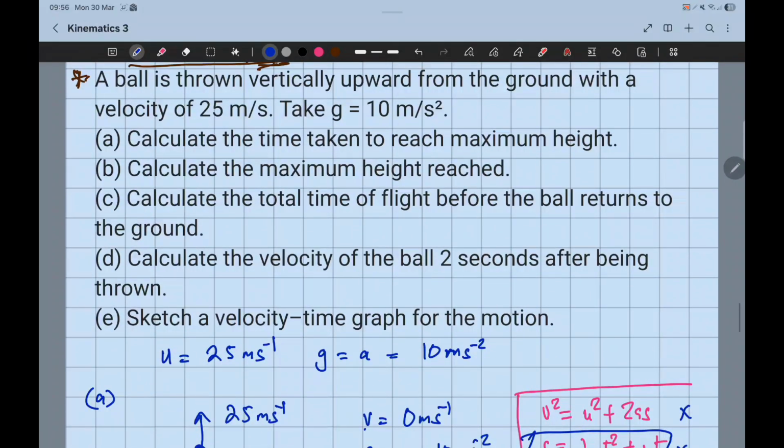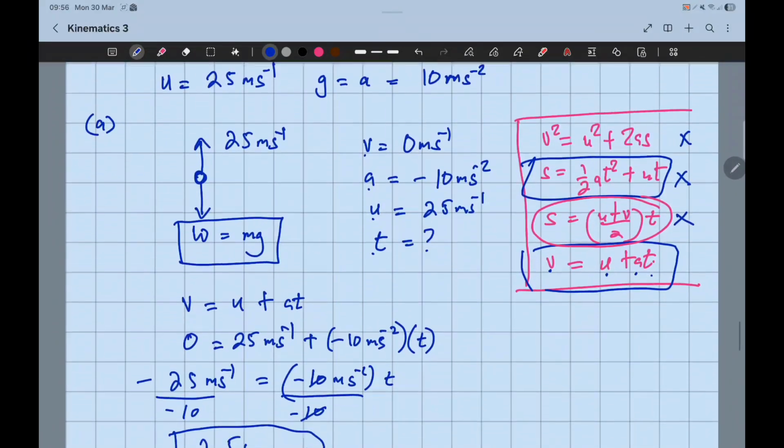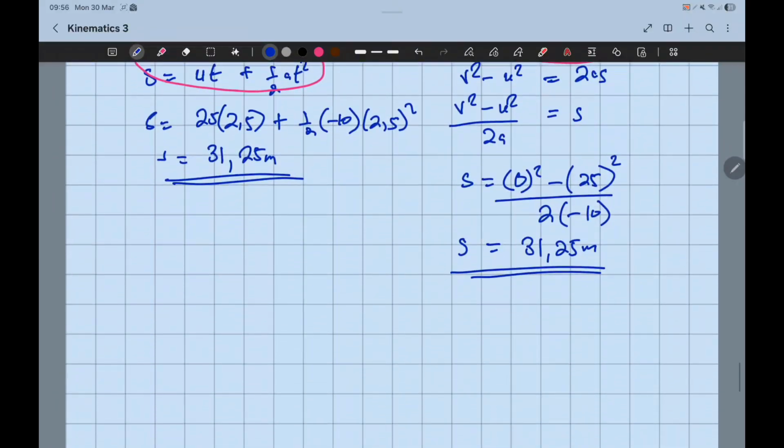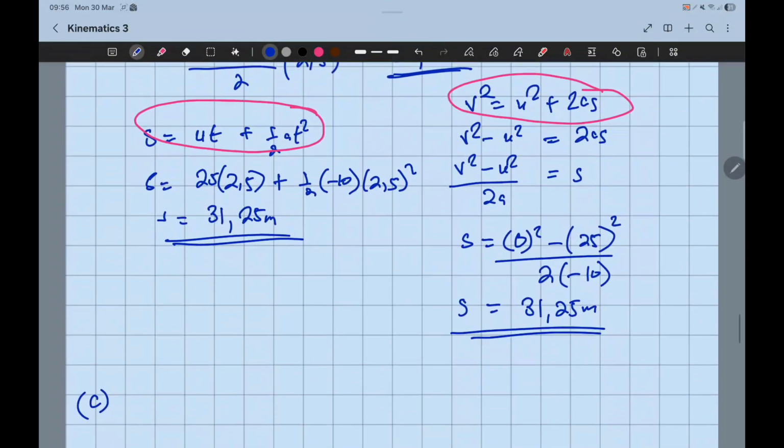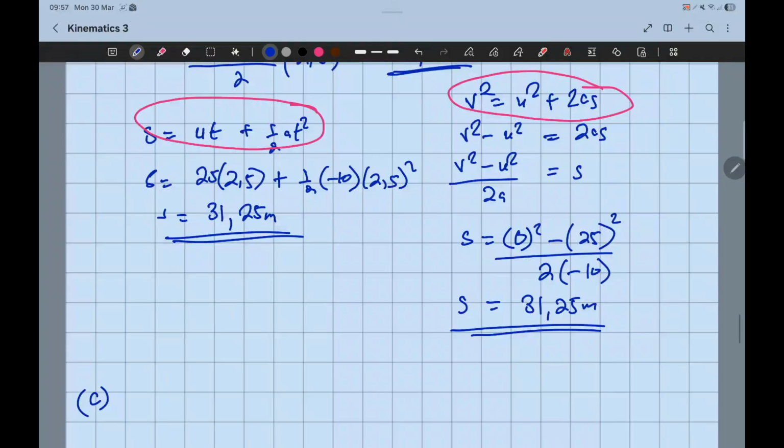Calculate the total time of flight before the ball returns to the ground. So now the question requires us to calculate the total time of flight. Let's say the time of flight, denoted by capital T, is equal to 2 brackets time to the greatest height.